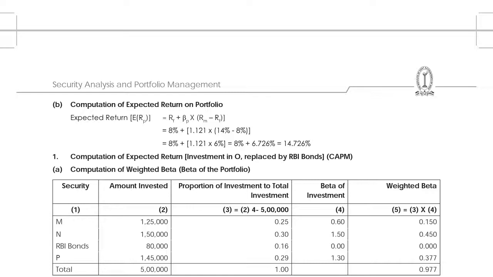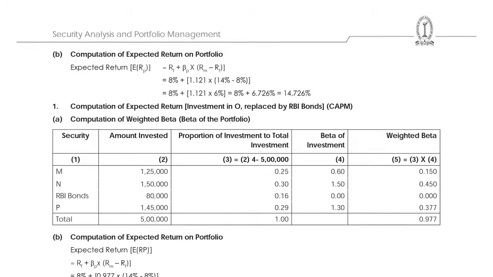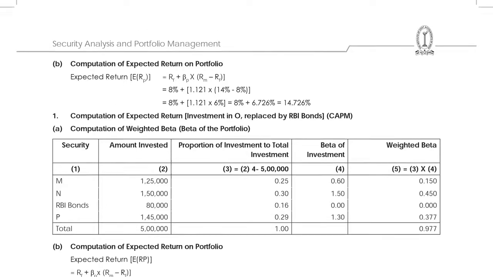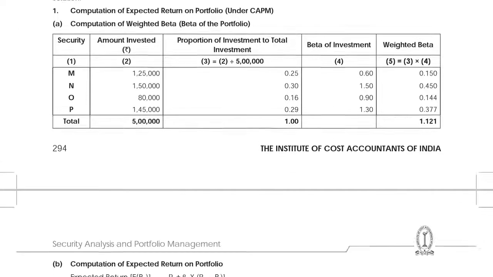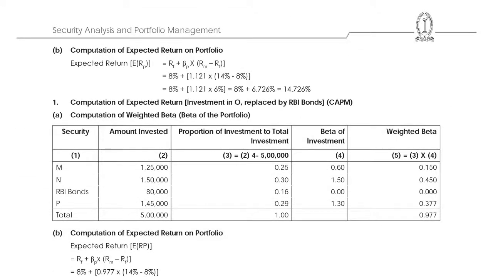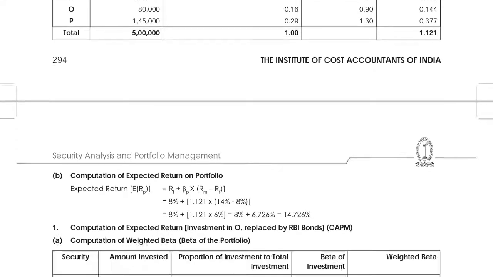Procedure will be the same, so we'll see it in the first manner. First we have written M, N, instead of O, RBI bonds, and next P, and values are the same, 1,25,000, 1,50,000, 80,000 and 1,45,000. So proportion we need to check. Here we have 0.25, 1,25,000 divided by 5 lakhs, and 80,000 is 0.16. So same, right?